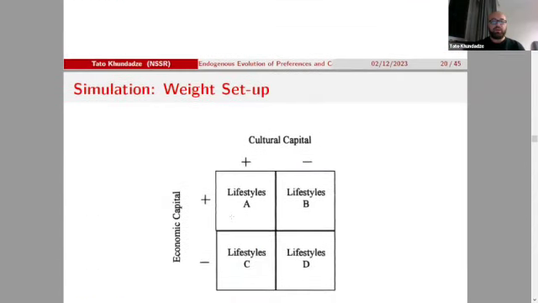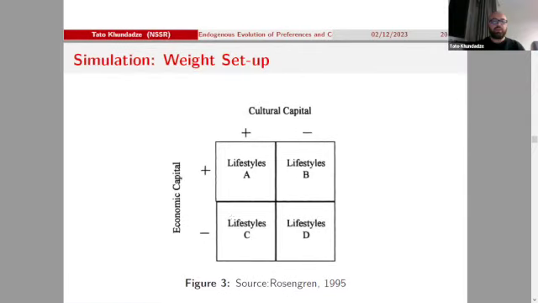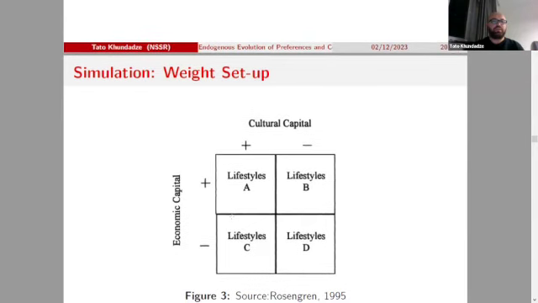Okay, now another thing which I want to mention is how we can classify different agents. For instance, I showed 4 different agents, right? And in the Veblenian sense, they differ only in terms of their income, right?